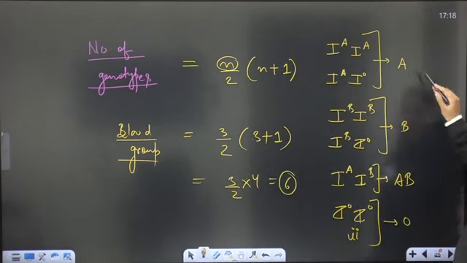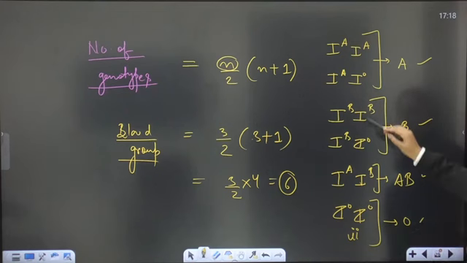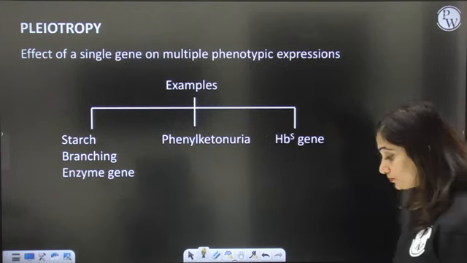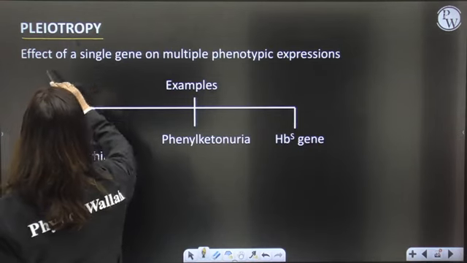Right? So how many blood groups are there? A, B, AB, O. And how many genotypes are possible? 6. So this is multiple allelism. Now let's understand what is pleiotropy.